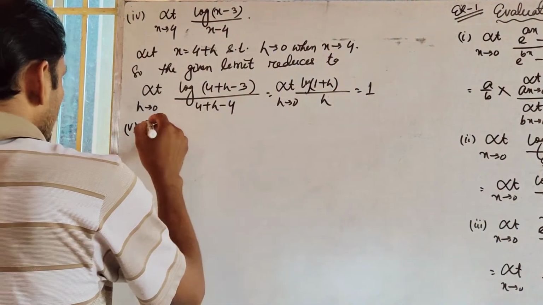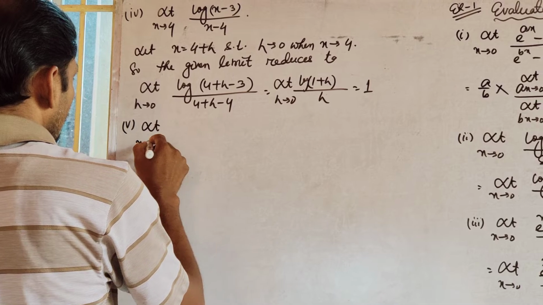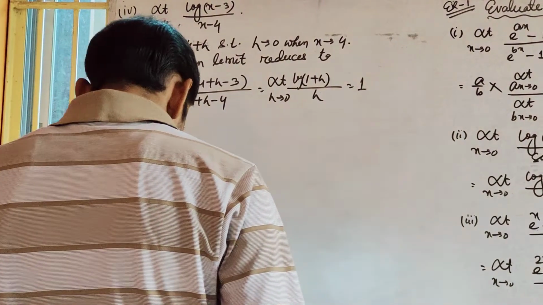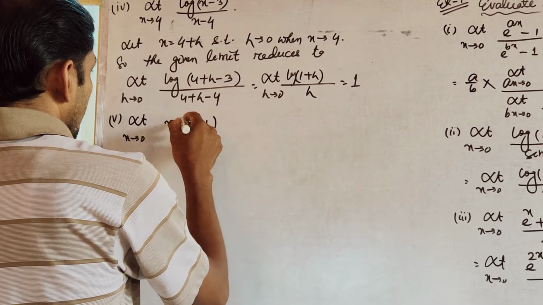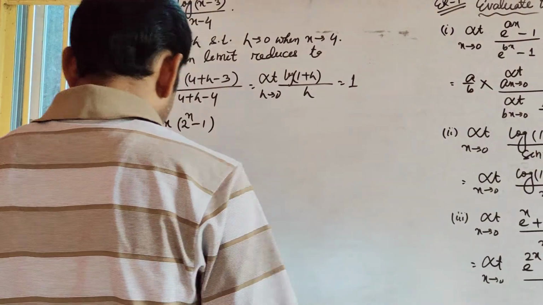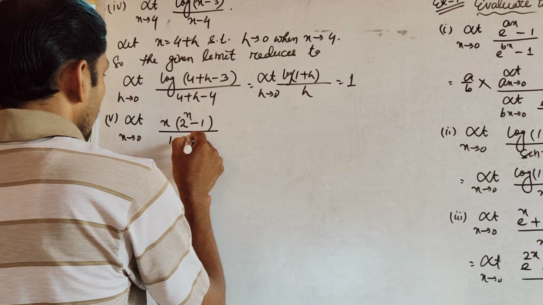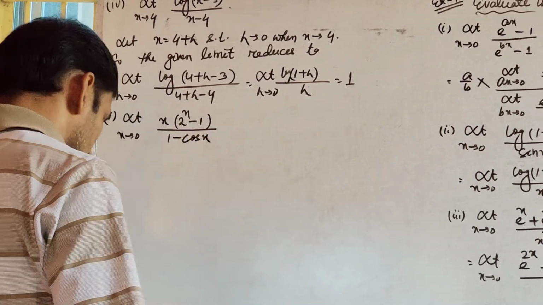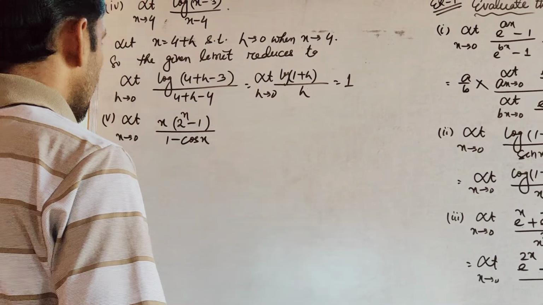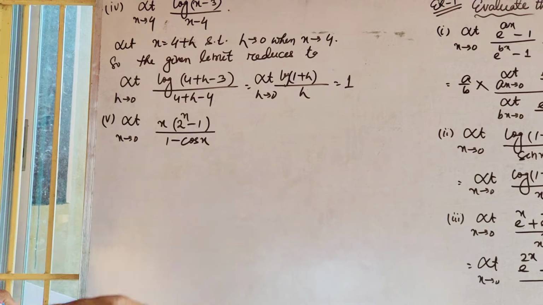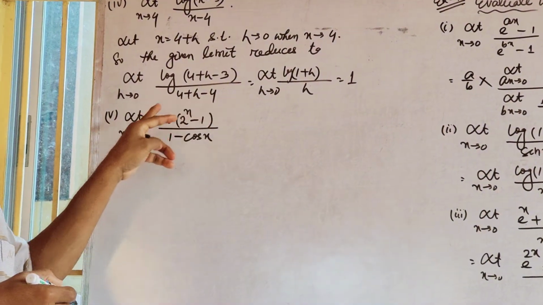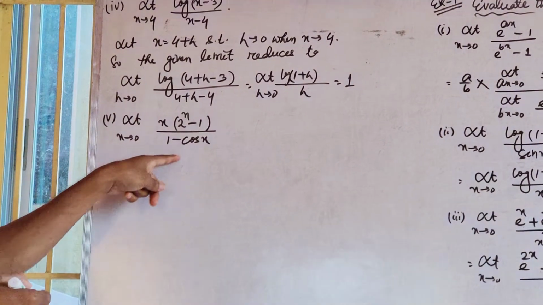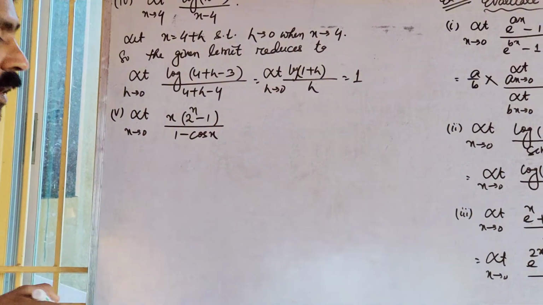Here, then next is limit x tends to 0, x into (2 to the power x minus 1) whole divided by (1 minus cos x). Okay, here you see an exponential function is there which is in the form of a to the power x minus 1, and the denominator is trigonometric.